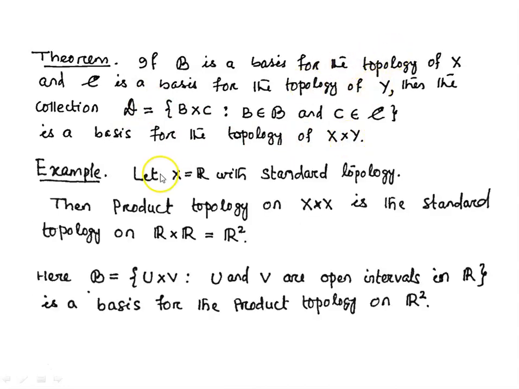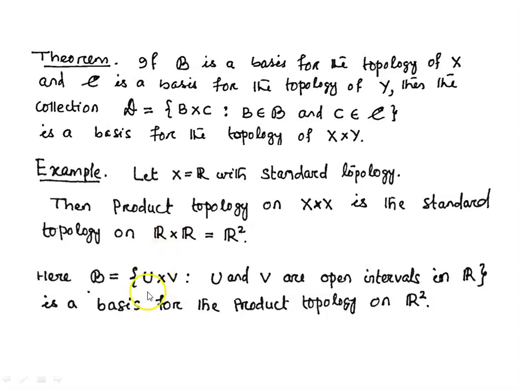Here we have an example. Let X is equal to R with standard topology or usual topology. Then the product topology on X cross X is the standard topology on R cross R, that is R square. Since R is having standard topology, the basis elements of standard topology are open intervals.